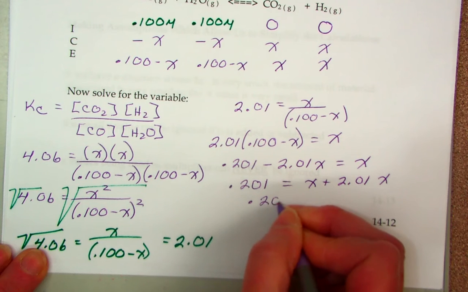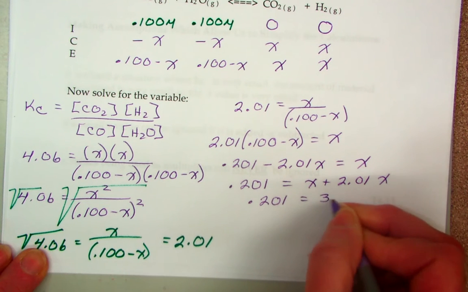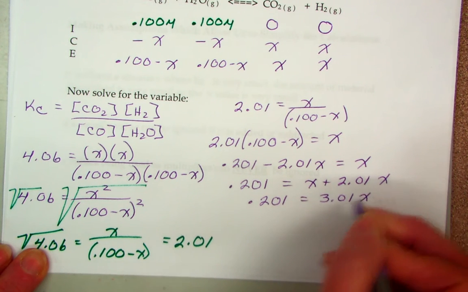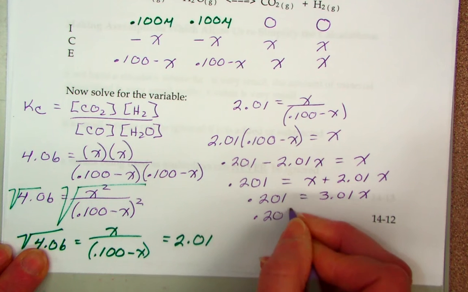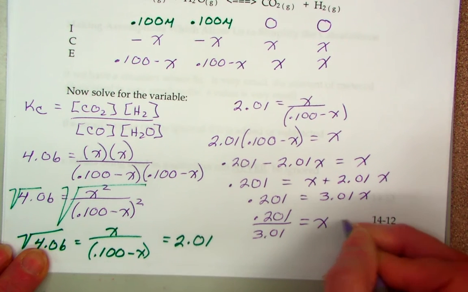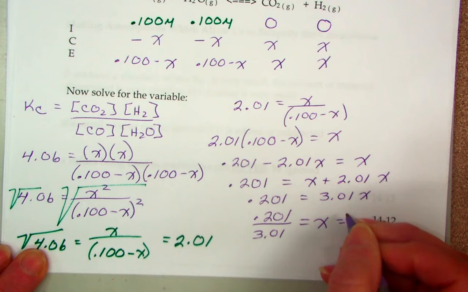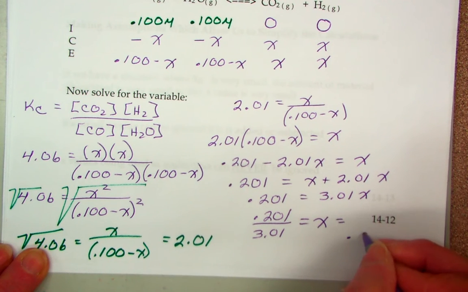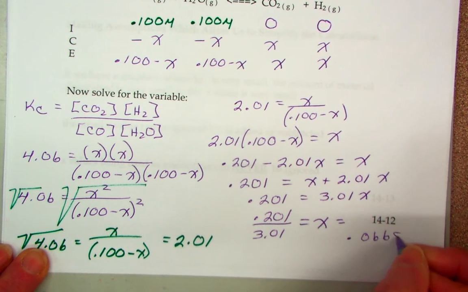So 0.201 is equal to 3.01X. 0.201 divided by 3.01 is equal to X. And that is equal to 0.0668 molar.